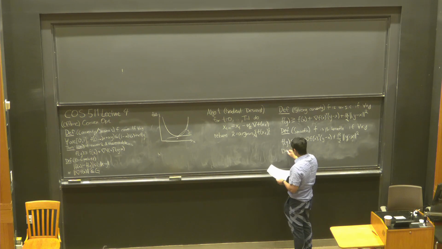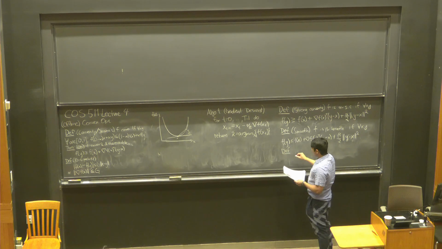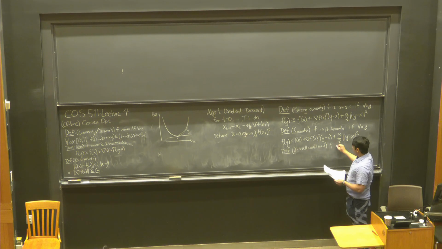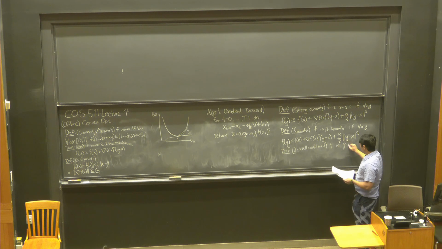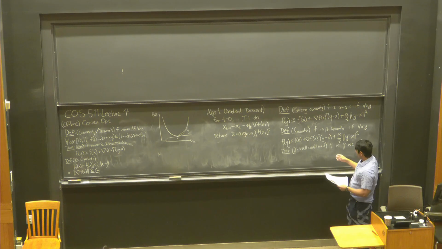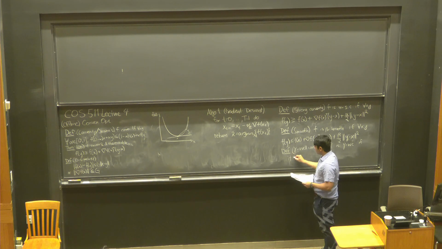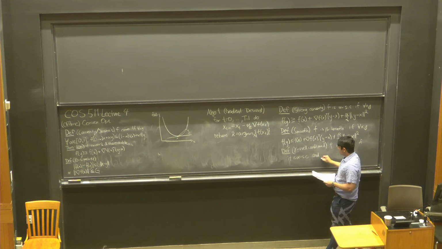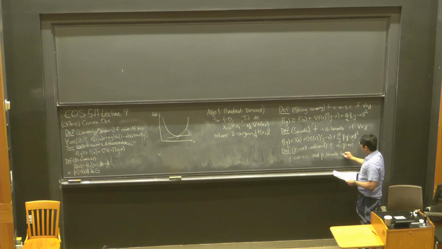So one more definition: gamma well conditioned. So f is gamma well conditioned if it is alpha strongly convex and beta smooth, where gamma is just going to be the ratio between alpha and beta.